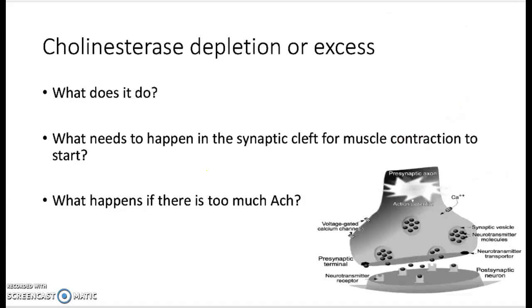Cholinesterase depletion or excess. Cholinesterase is an enzyme which breaks acetylcholine down after the all or nothing law and gets it ready to be used. For another muscle contraction to start, there needs to be no ACh, or acetylcholine, in the synaptic cleft.